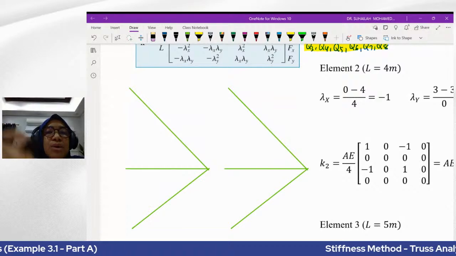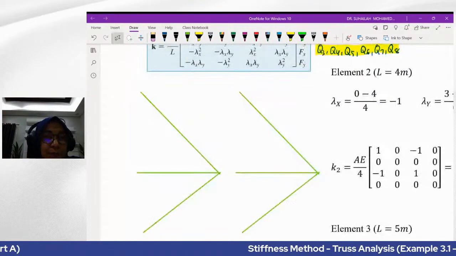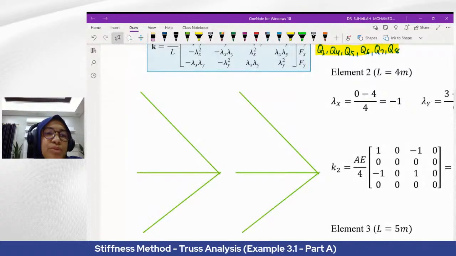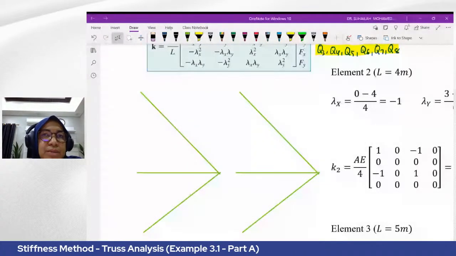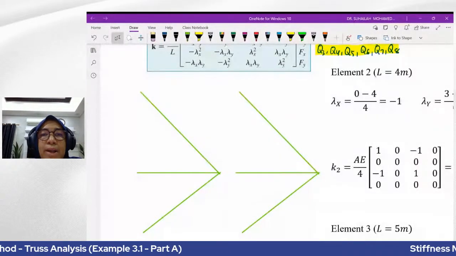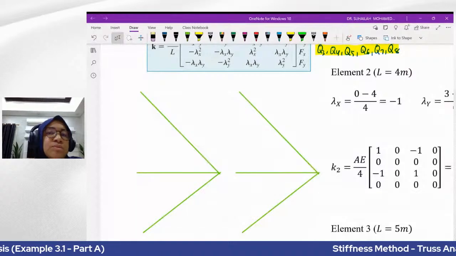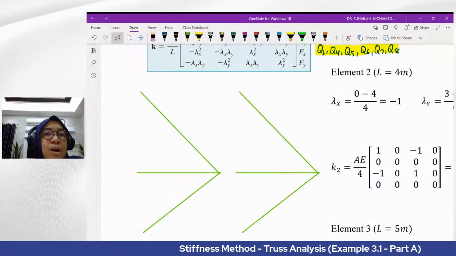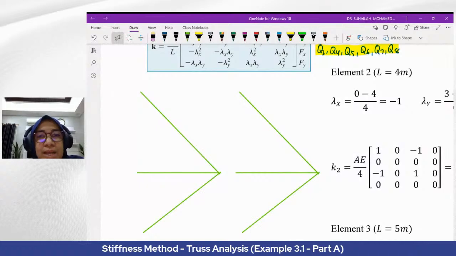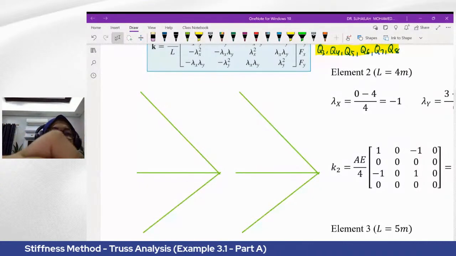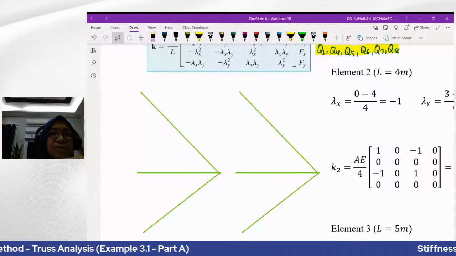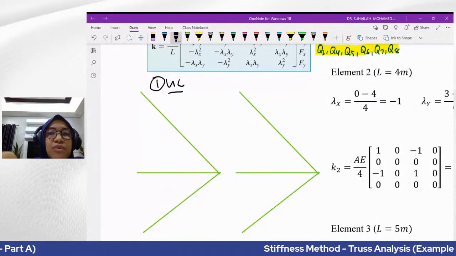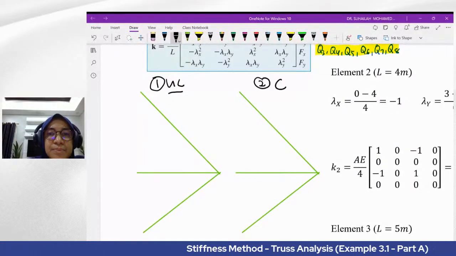So now we are going to label the degree of freedom, starting from 1 until 8, and always remember we will start numbering from unconstrained. This is the unconstrained system. The first one will be the unconstrained system, followed by the constrained system.